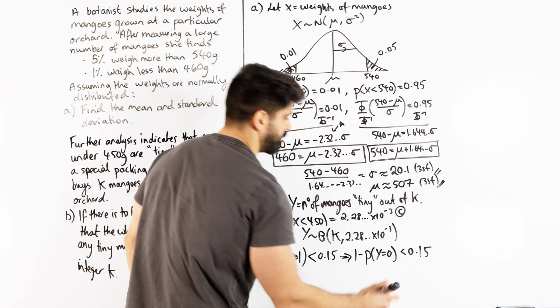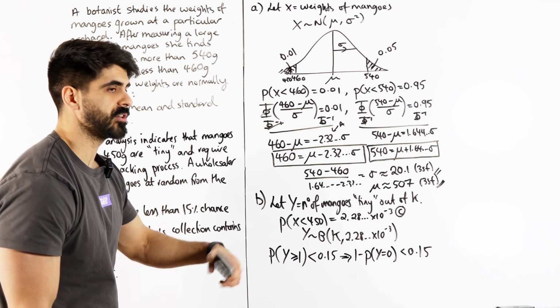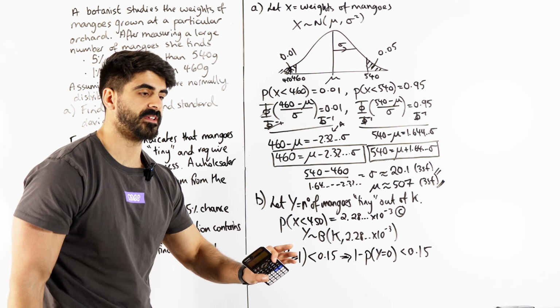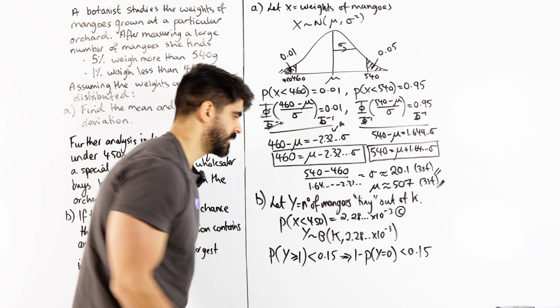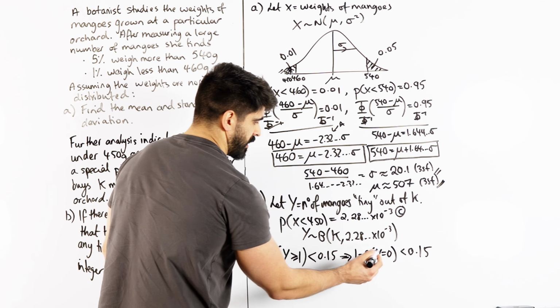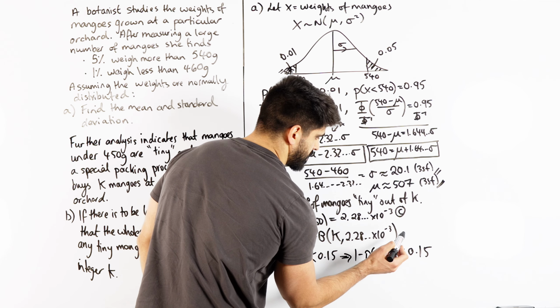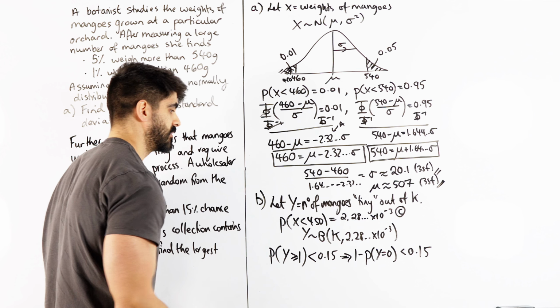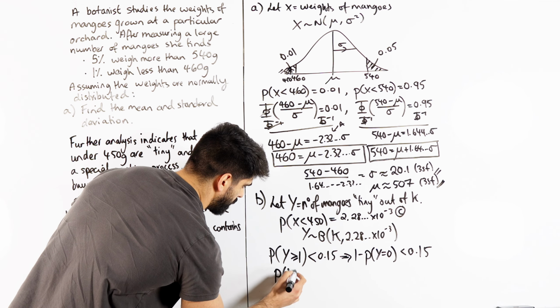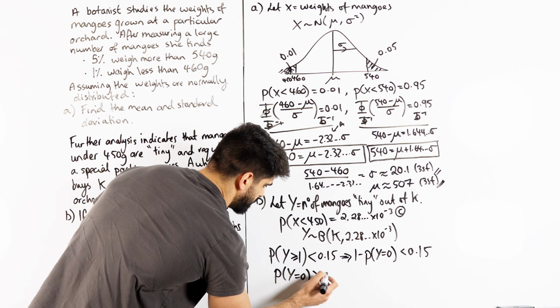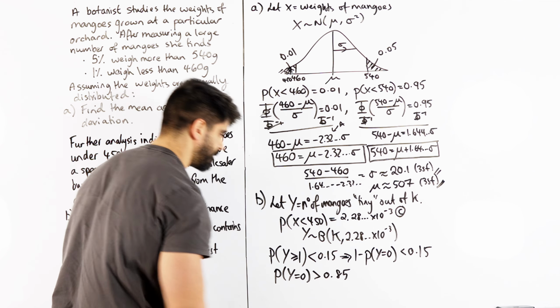So you want the probability of having 0 tiny mangoes to be 85% or more. So when we rearrange, we get the probability that y equals 0 to be greater than 0.85.